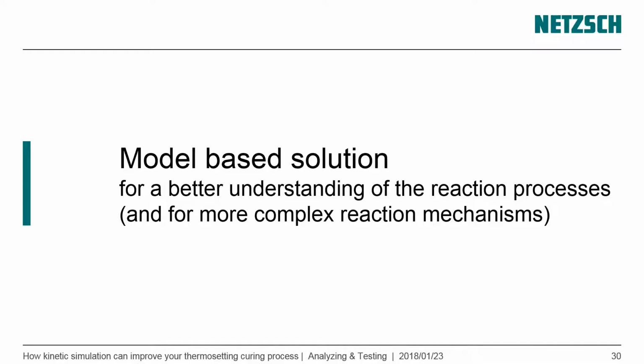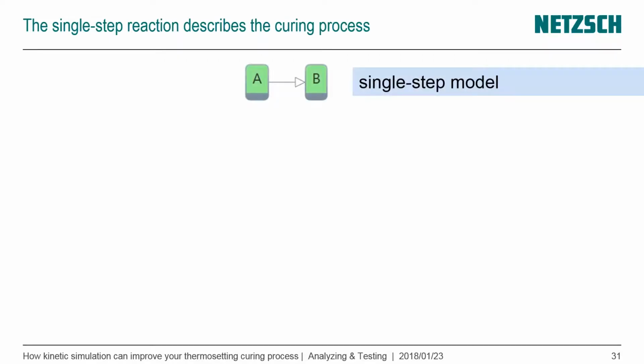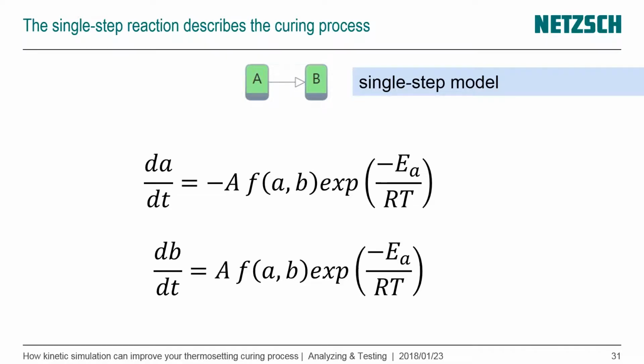But you have to be a little bit more experienced in using kinetics. So we could see that this material shows a single-step reaction. So remember, we have the balanced equations. Component A decreases and component B, the product, increases during the cure.